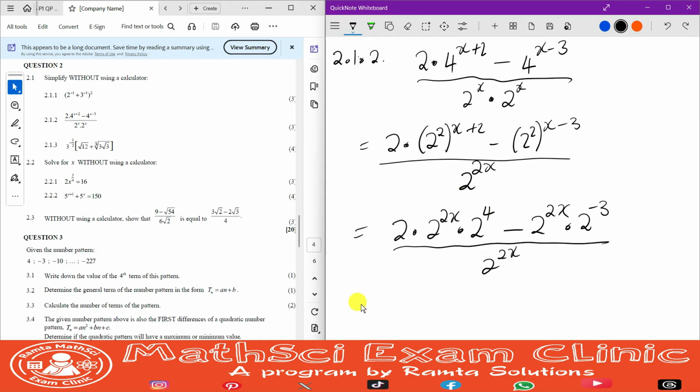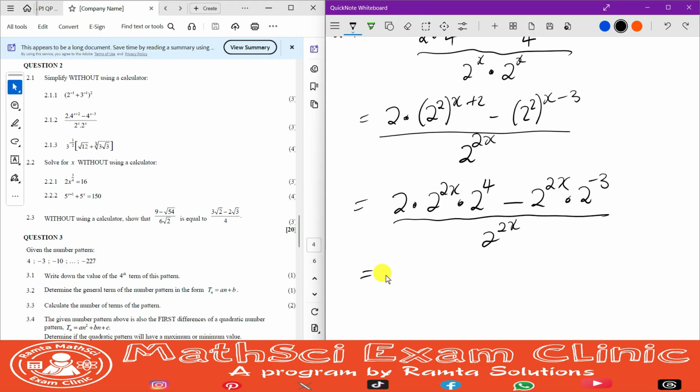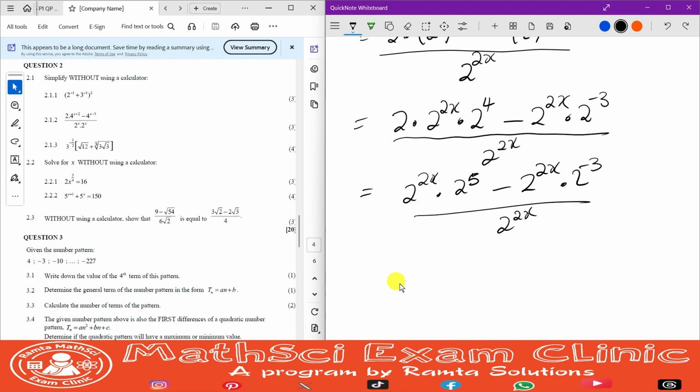Because the left hand side is still a bit complex, perhaps we should simplify it further to 2 to the power 2x times 2 to the power 5, minus 2 to the power 2x times 2 to the power negative 3, all over 2 to the power 2x. Now this is better, right?